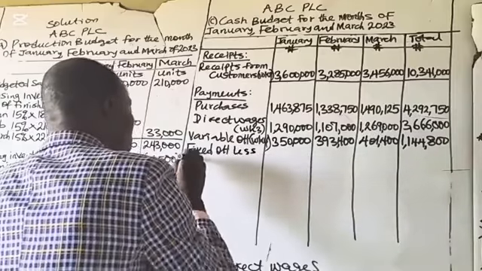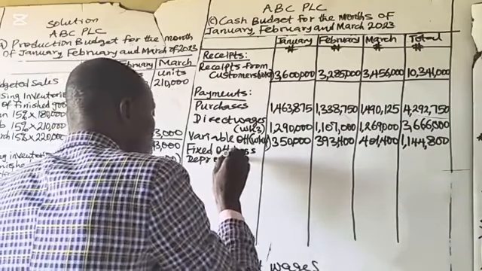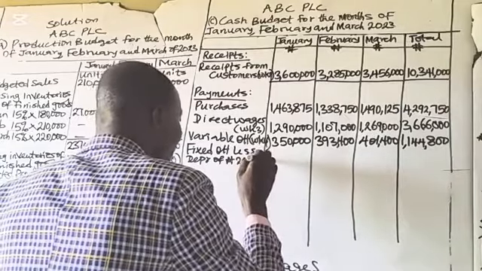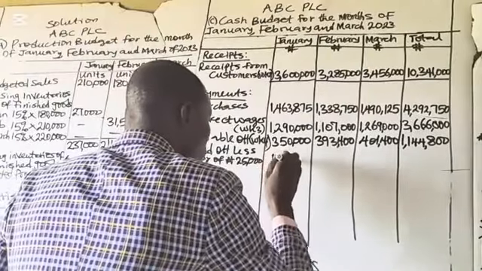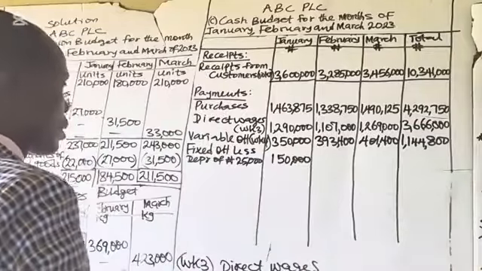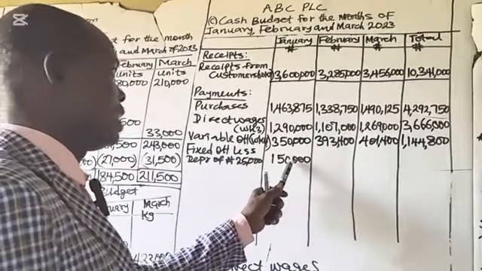Less depreciation of 25,000 naira. The amount outstanding in January amounted to 150,000. That one is exclusive of depreciation, and that is the amount that will be paid in January 2023.